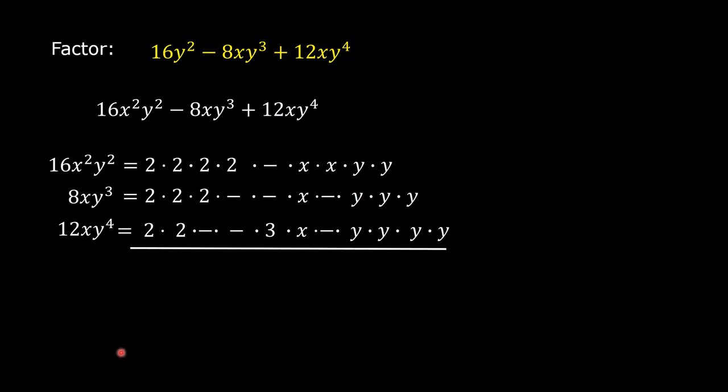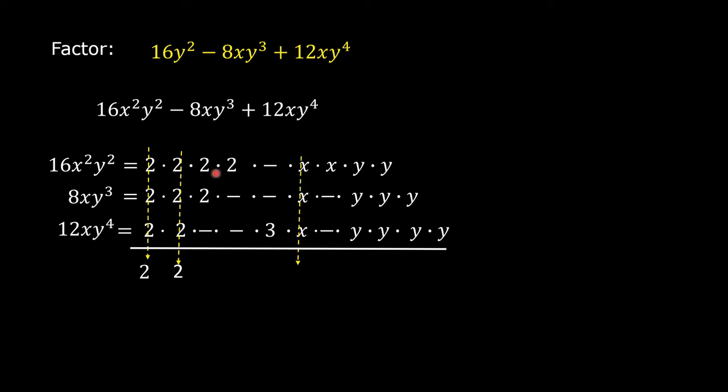Then bring down 2 because 2 is present in all the rows. Then bring down 2, it is present in all the rows. And then bring down x, it is present in all the rows.